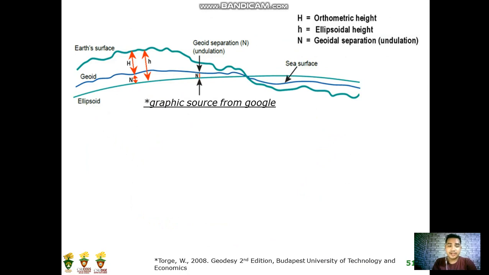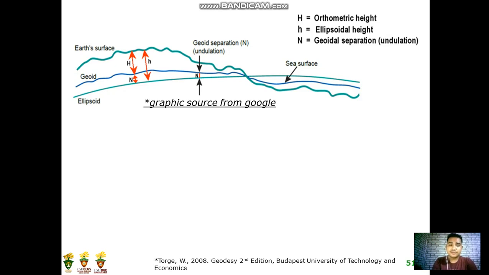So the dark blue, or the blue-green, that represents the Earth's surface or the terrain, and we have also the geoid. So the geoid pala is the sea surface and its extension towards the continents or the land parts, and si ellipsoid siya ang nag-approximate sa geoid na surface.